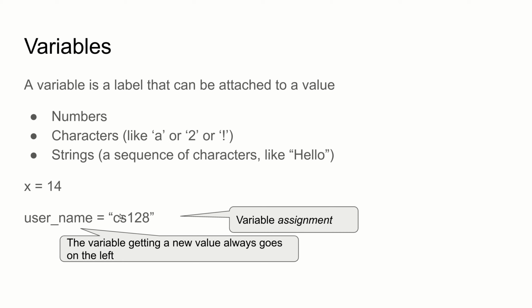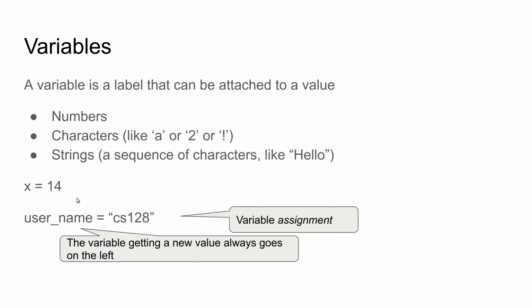So here we've assigned the string CS128, and we've given it the variable name user_name. The variable name that's getting associated with a value is going to be on the left-hand side of a statement, and the value that is being assigned to that variable name is on the right-hand side of the statement.